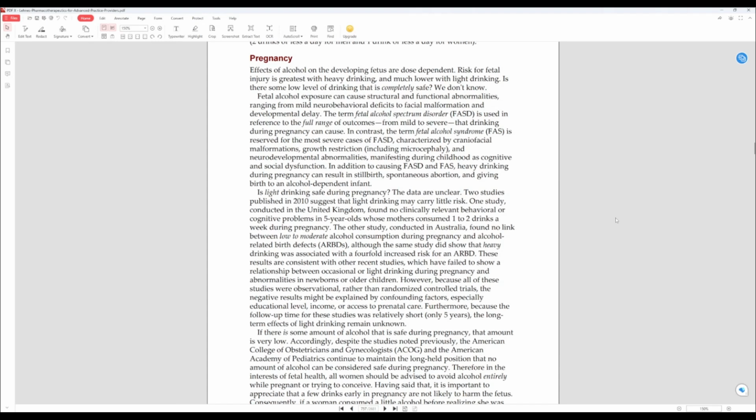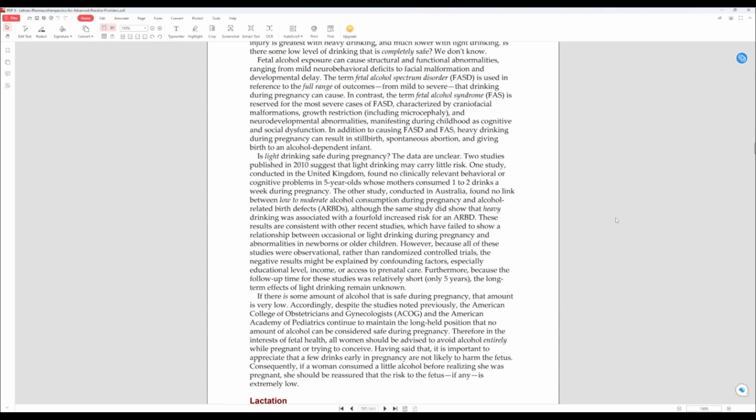In contrast, the term fetal alcohol syndrome, or FAS, is reserved for the most severe cases of FASD, characterized by craniofacial malformations, growth restrictions, and neurodevelopmental abnormalities, manifesting during childhood as cognitive and social dysfunctions. In addition to causing FASD and FAS, heavy drinking during pregnancy can result in stillbirth, spontaneous abortions, and giving birth to an alcohol-dependent infant. So, is light drinking safe during pregnancy?